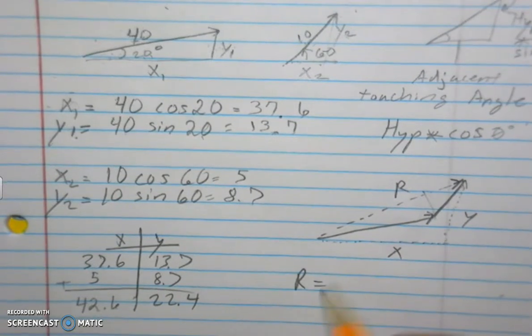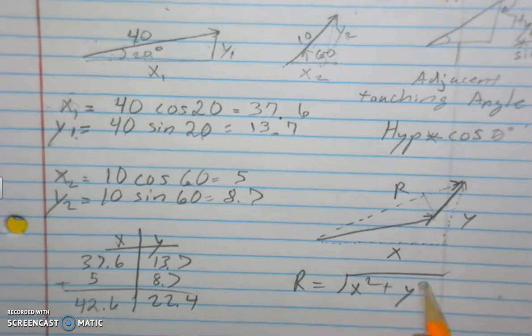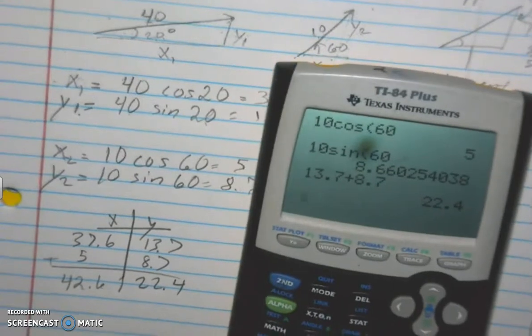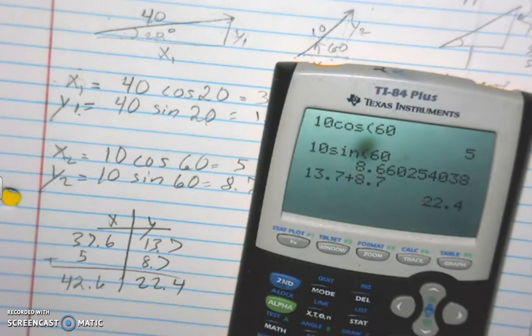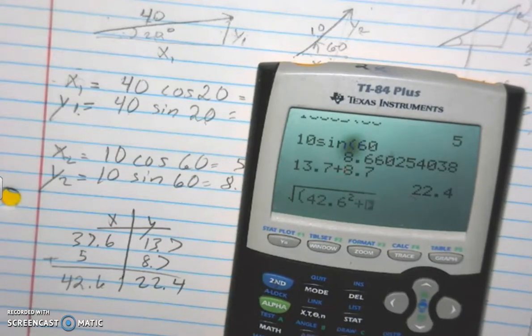R is equal to the square root of X squared plus Y squared. So X total squared. So you have second square root, parentheses, 42.6 squared plus 22.4 squared.